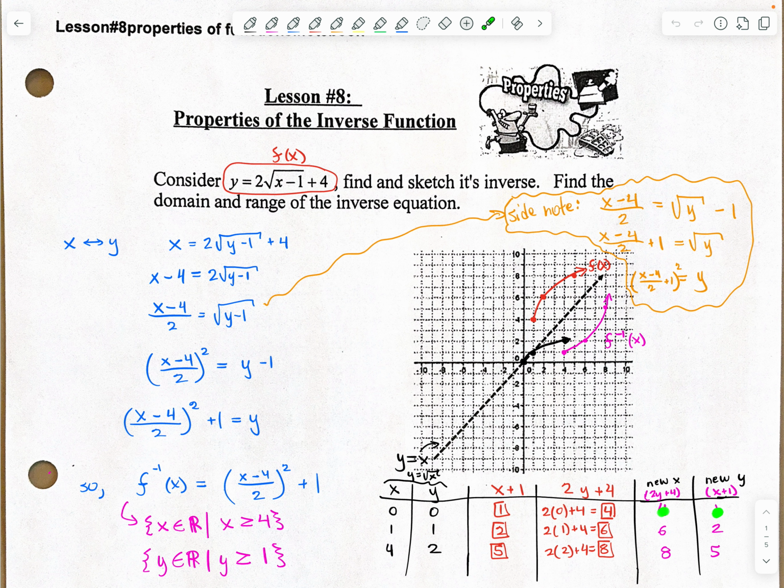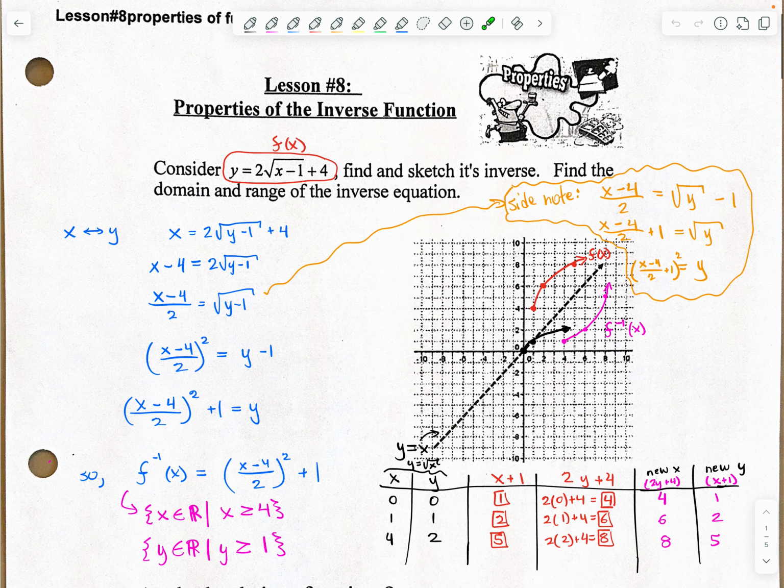So 4, 1 would be here, 6, 2 would be here, and then 8, 5 would be here. That would be the inverse function. I have the parent function, which is the coordinates I started with, those 3 dots. And I have the transformed function, the intermediate step, and this is the reflection line y equals x. So you can see clearly there.